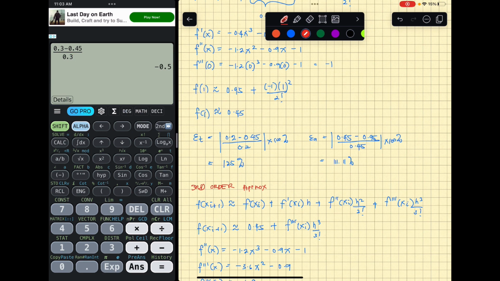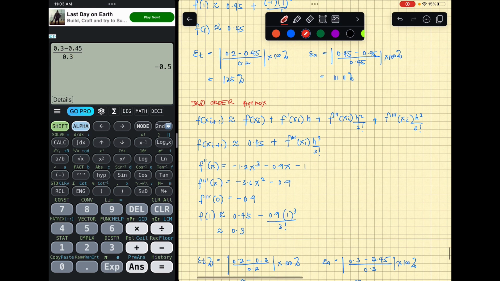Okay, f double prime. So negative, this is only x squared. So instead of 3.6, that should only be negative 2.4. And then that would just be x, negative 2.4.